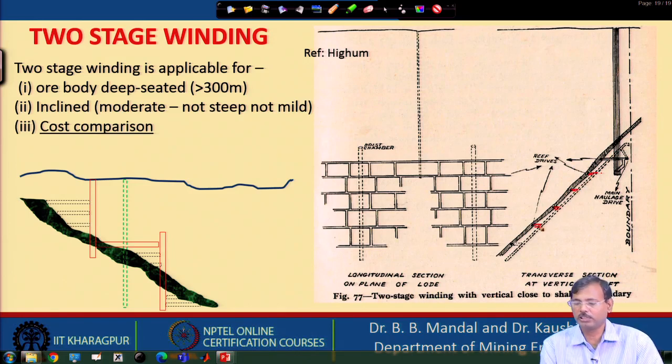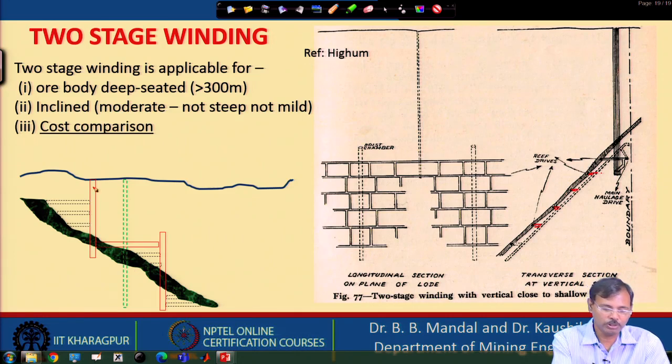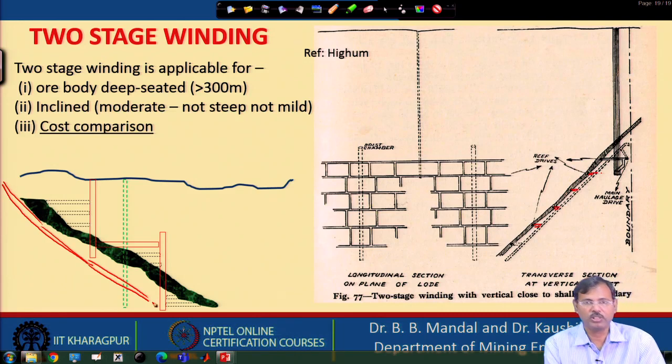As the cross cut distances will be minimum, the transportation cost in the cross cut will be minimum also. So, we are having two different options. Suppose this is the deposit, either we can have vertical shafts like this, or we can have a single vertical shaft, or we can have an incline opening like this. So, these are having different conditions.